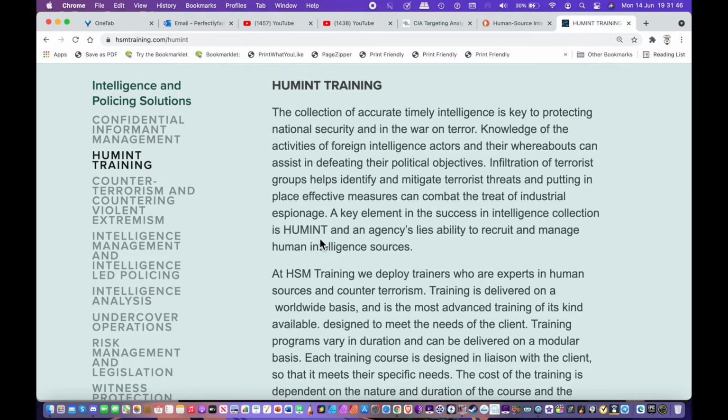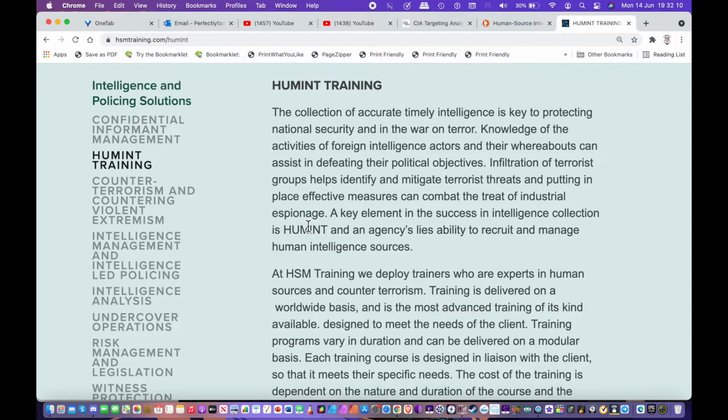Infiltration of terrorist groups helps identify and mitigate terrorist threats, and putting in place effective measures can combat the threat. I think that's meant to be threat of industrial espionage.